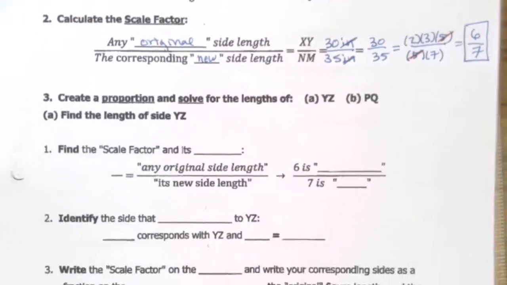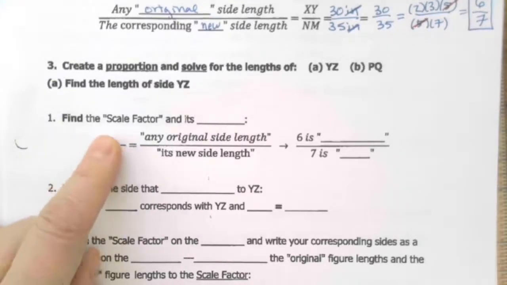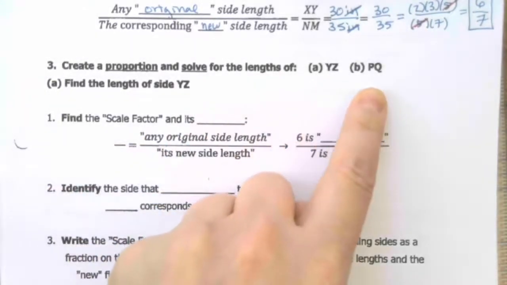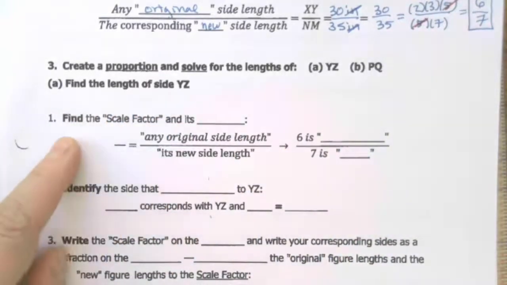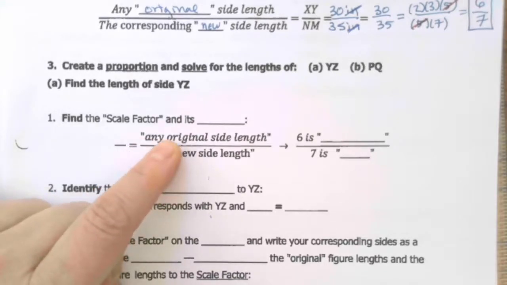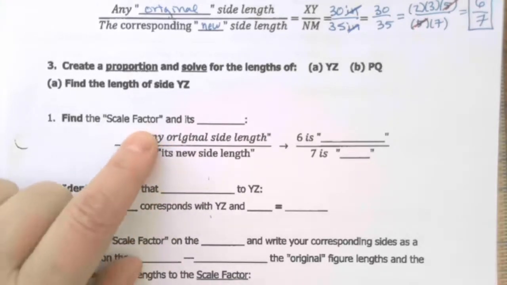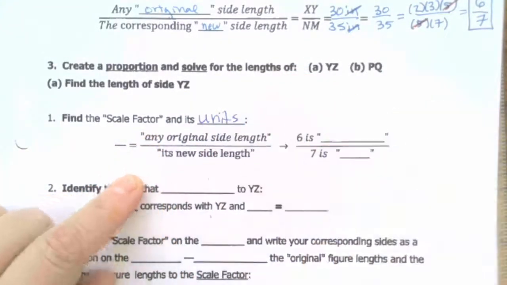Okay, number 3, create a proportion and solve for the given lengths. So we're going to find YZ and PQ. All right, so number 1, we need to find the scale factor to be able to find the missing sides. So find the scale factor and its units.